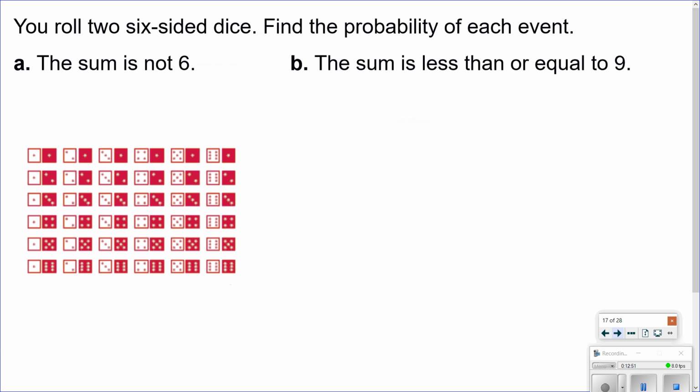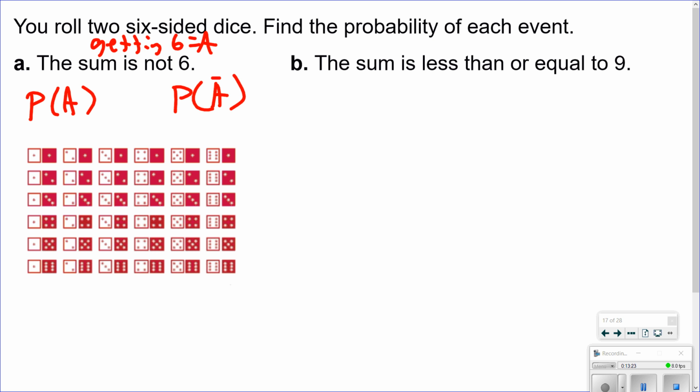So you roll a 6-sided die, find the probability of each event. A says the sum is not 6, so I'm trying to find a probability. Let's say getting a 6. The probability of getting a 6 is event A. So not getting a 6 would be A bar.